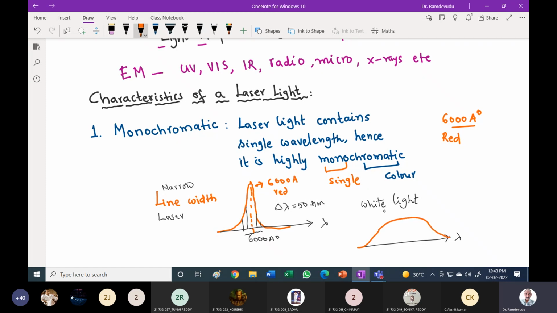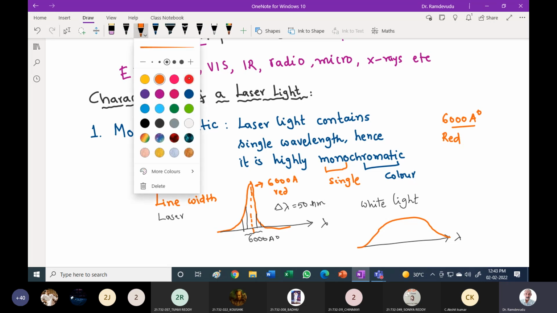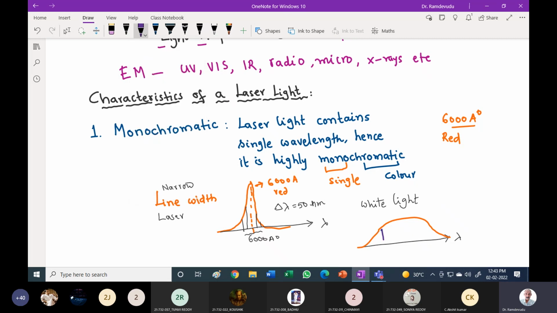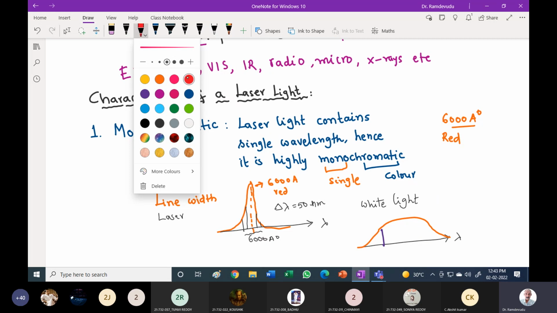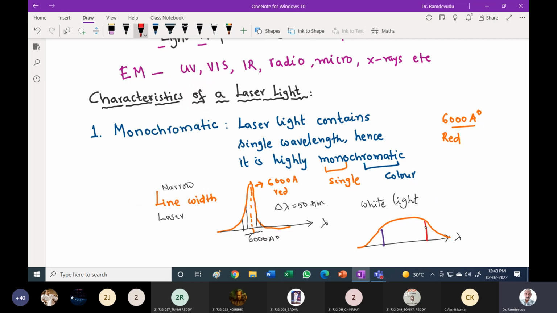It's not narrow. In this, we have different colors: starting from here maybe violet, and on the other side red.